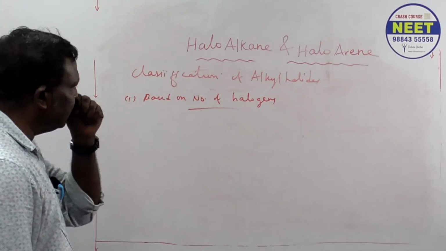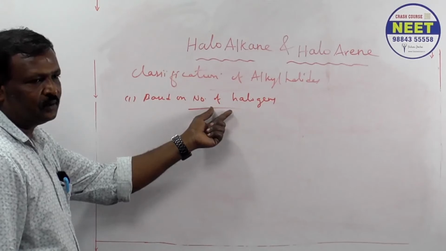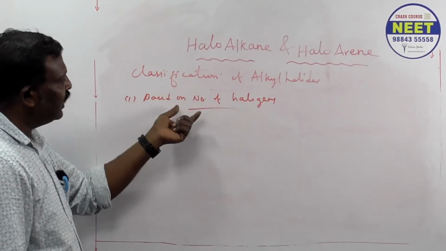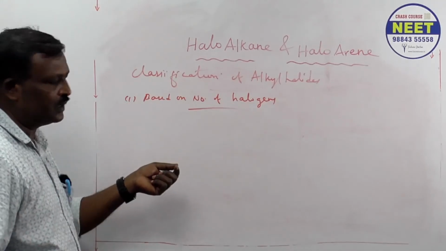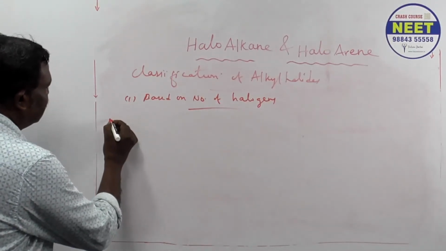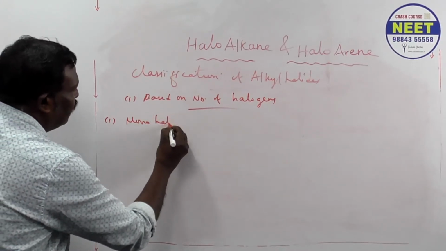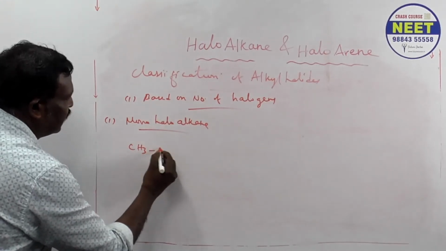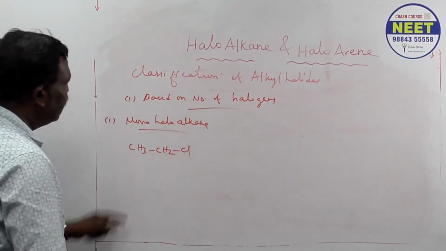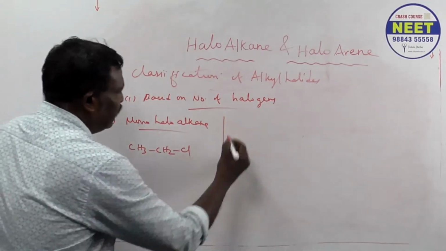If you have one halogen, it means monohaloalkane. Two halogens means dihaloalkane, and it goes on like that. So you just write monohaloalkane. Mono means only one halogen. This is all, just copy it.